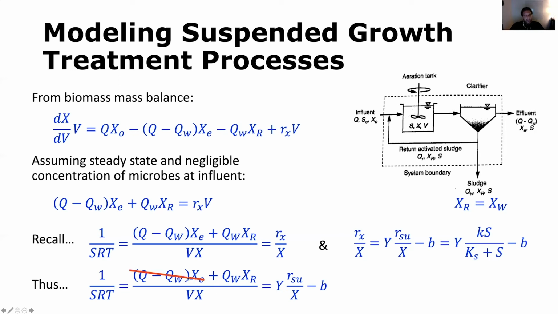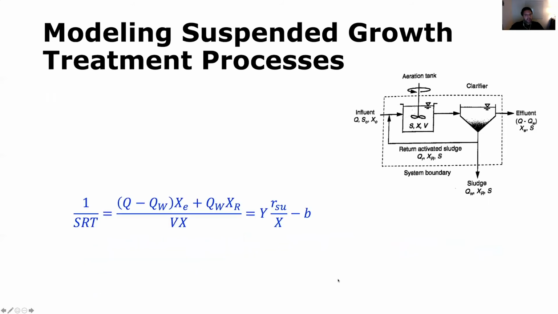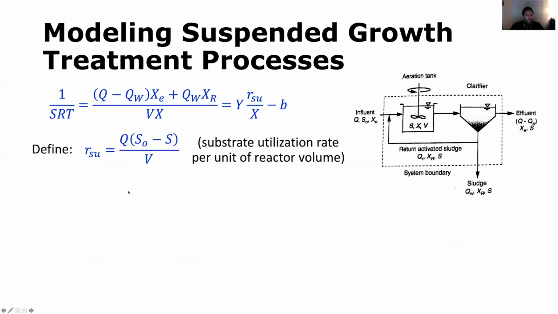In some cases this term might be ignored, because the suspended solids concentration in the secondary effluent is usually quite low compared to what's in the sludge. So depending on your assumptions, you may or may not ignore this term. But either way, we've got this equation, which we've derived.